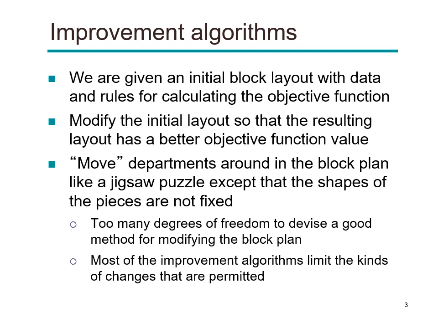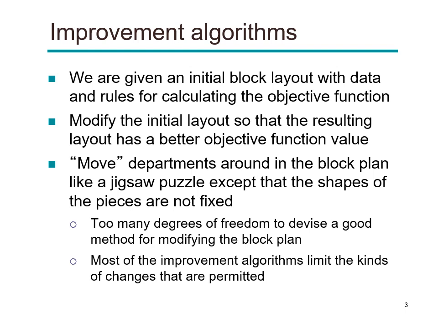So we have such an initial layout, and we also know how to calculate our objective function, the rules of calculating it, whether it is an adjacency-based scoring or distance-based scoring. What we do is we modify this initial layout so that at the end of the algorithm, the resulting layout has a better objective function value.